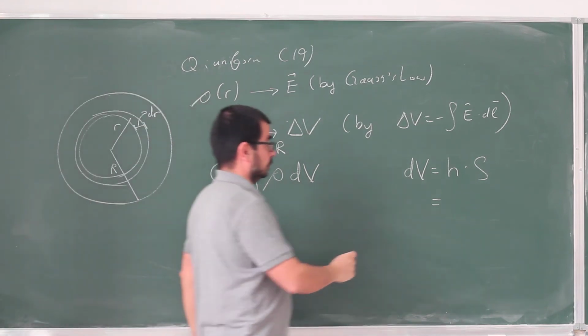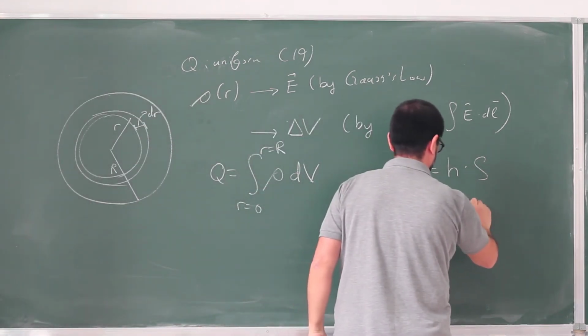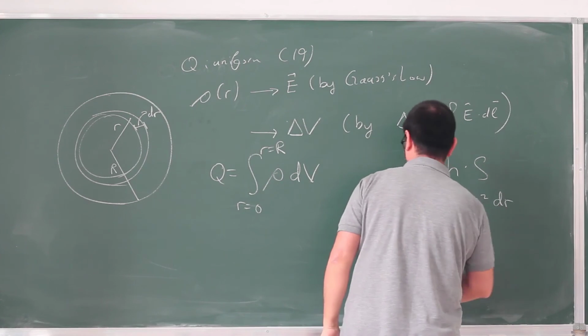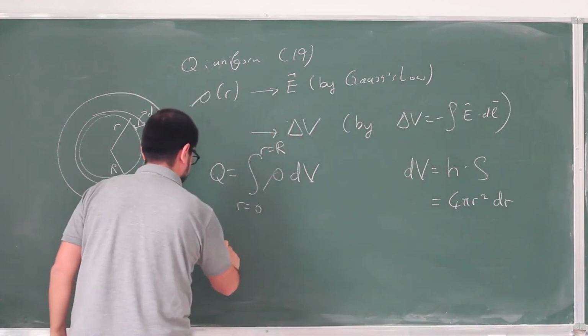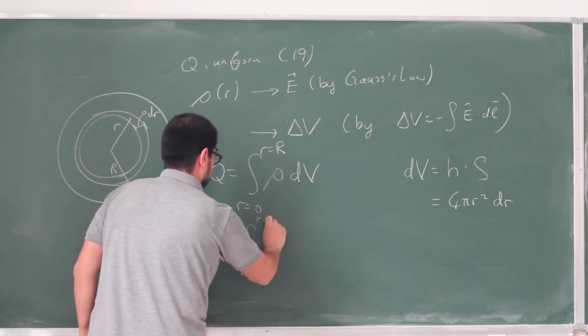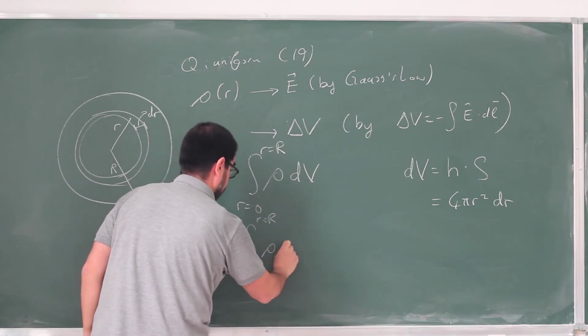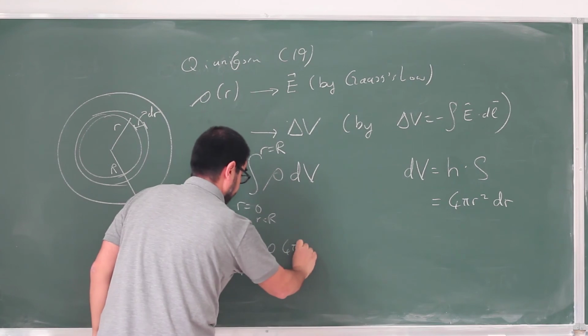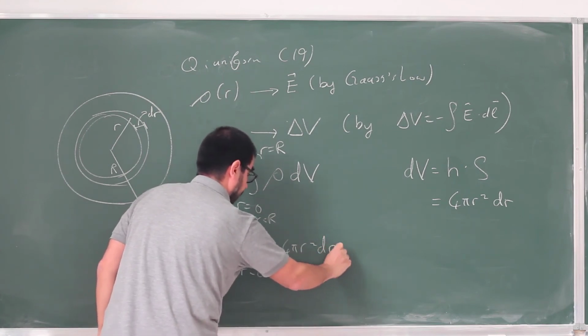So this gives you the surface area 4 pi r squared times the height dr. So this is going to be the integral from r equals 0 to r equals R of rho 4 pi r squared dr.